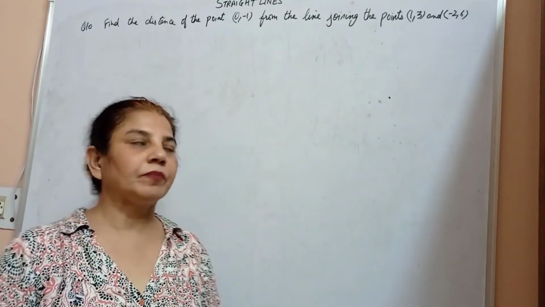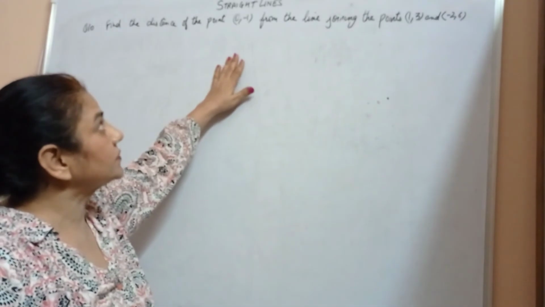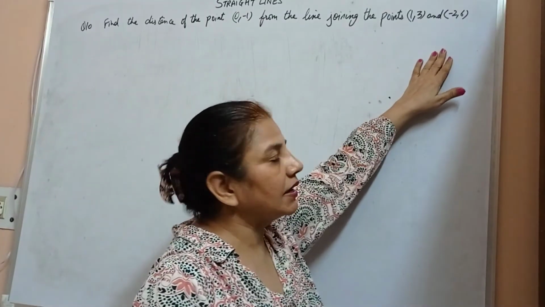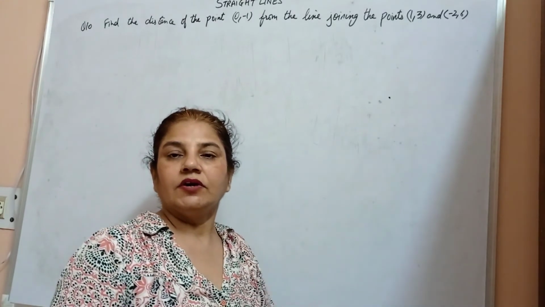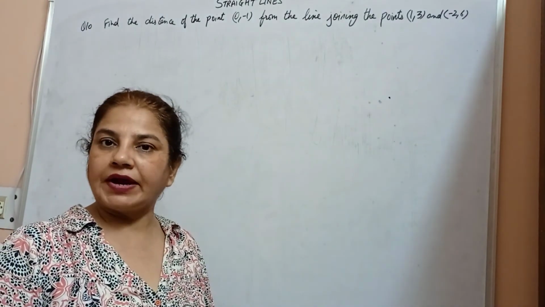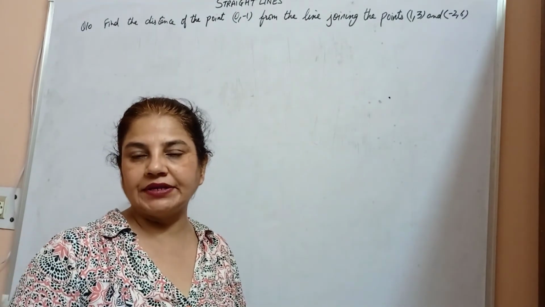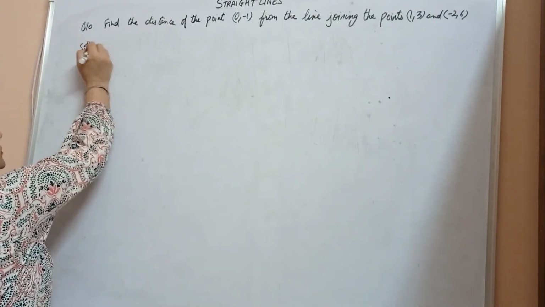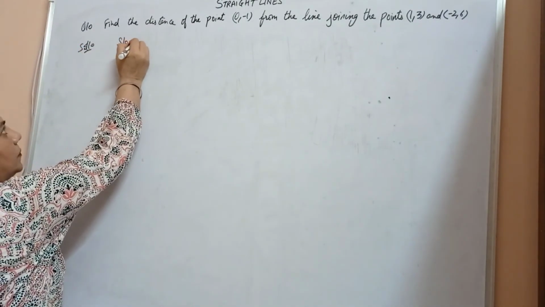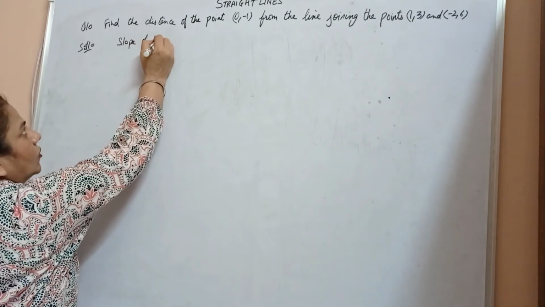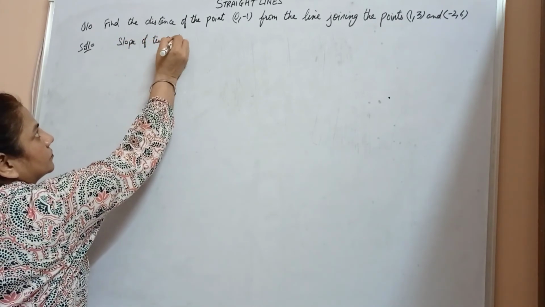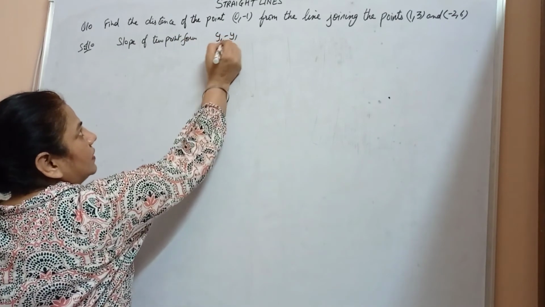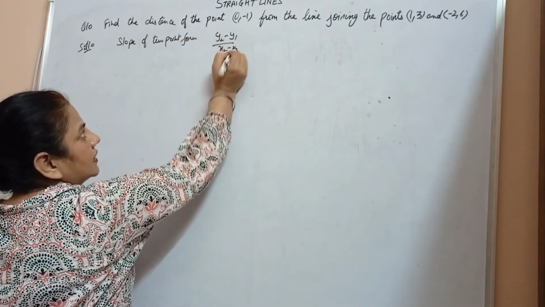Find the distance of the point 0, minus 1 from the line joining the points 1, 3 and minus 2, 6. First of all, we find the slope of the two points by the two-point formula. The slope of the two-point form is y2 minus y1 upon x2 minus x1.